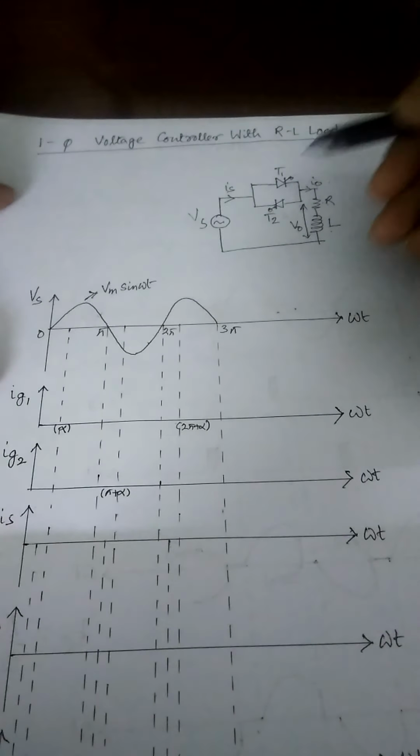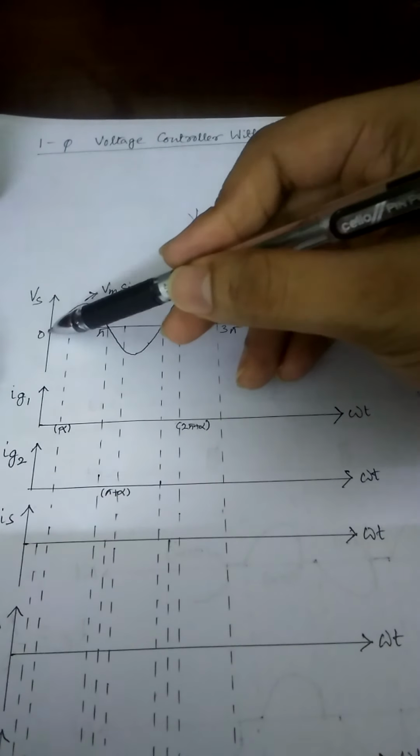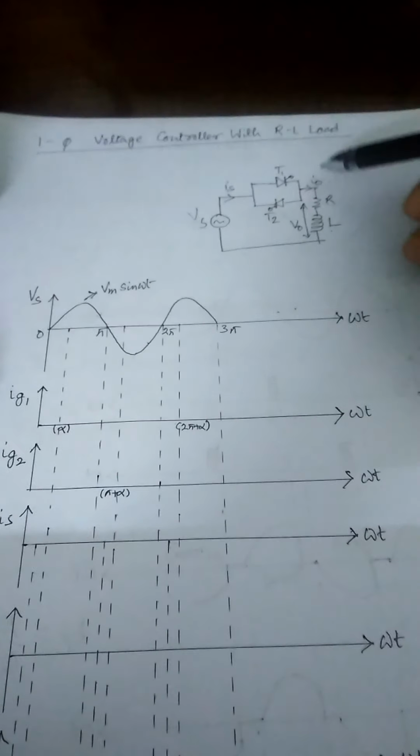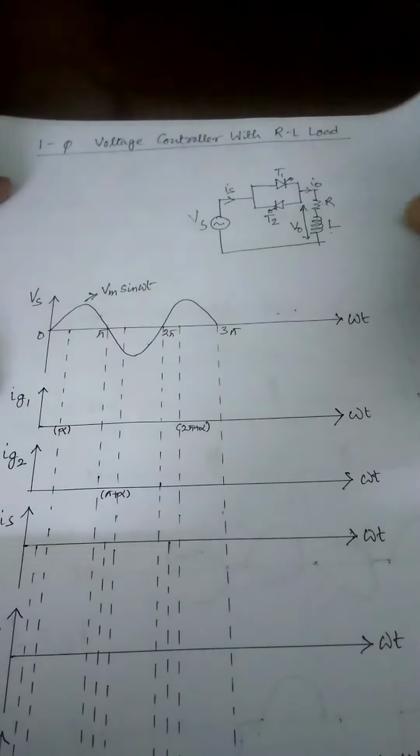So for the positive half cycle of Vs, from 0 to pi, thyristor T1 is in conducting mode. To do the triggering, there is a firing angle alpha.